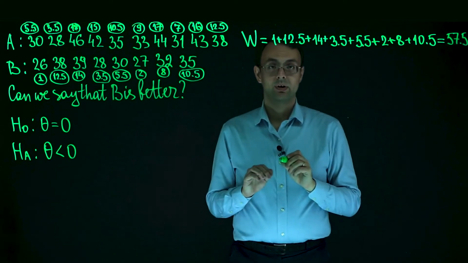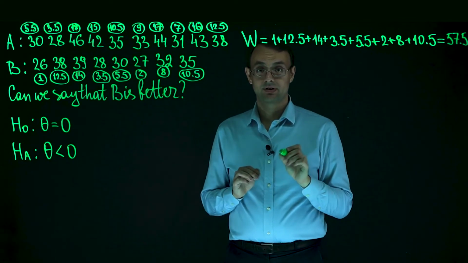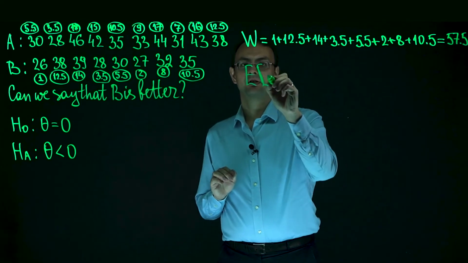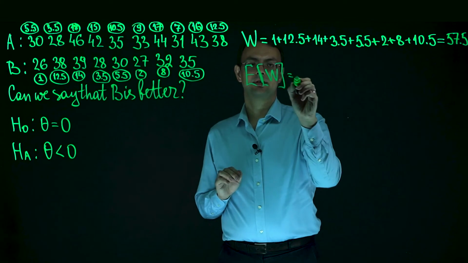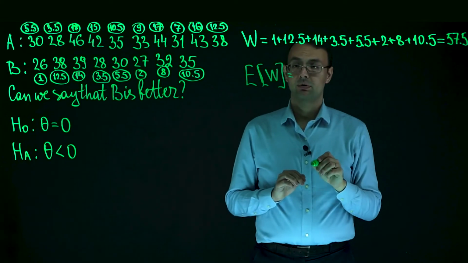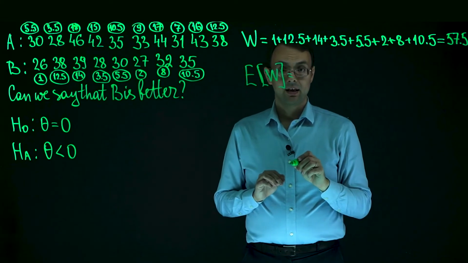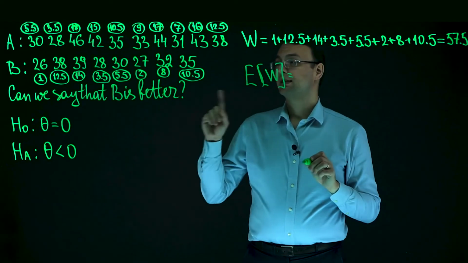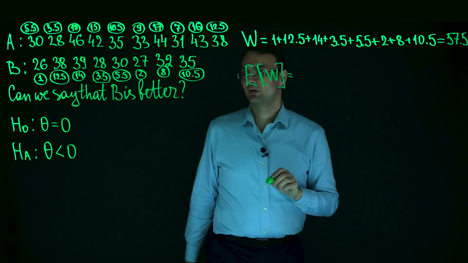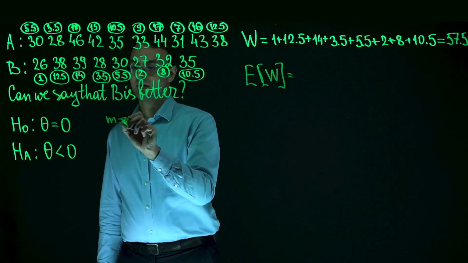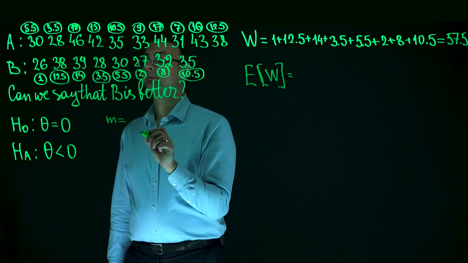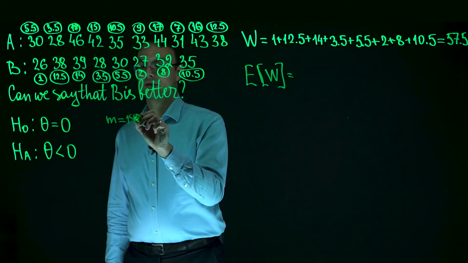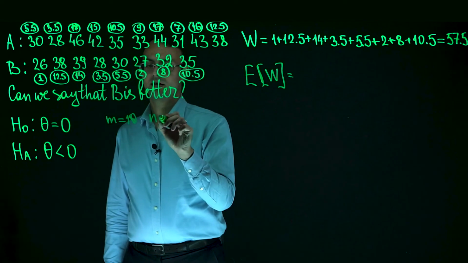And now we are to standardize this W and to find its expected value and variance. Before doing this, E of W is, according to the general formula, n over 2 times m plus n plus 1. M and n are sample sizes, so in our case m is 10 and n is 8.